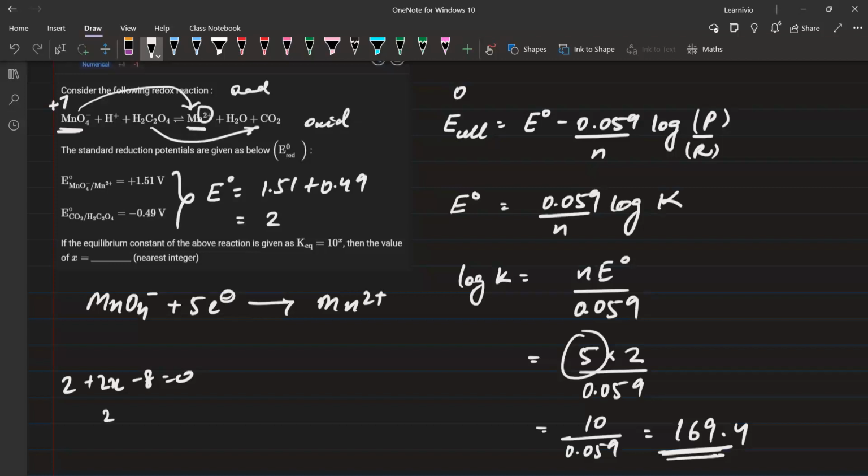So 2x is equal to 8 minus 2, x is equal to 6 by 2, that is 3. So x is equal to 3 here, and here x is equal to 4 plus 4. H plus here, it is also H plus.